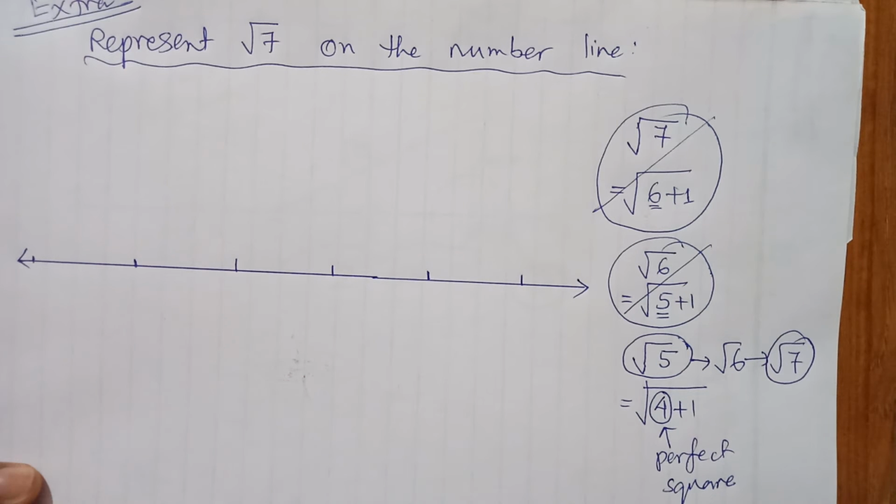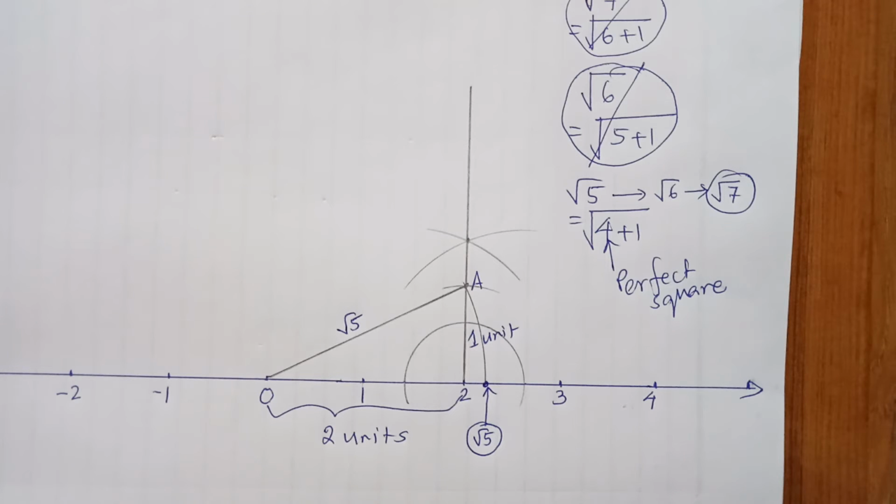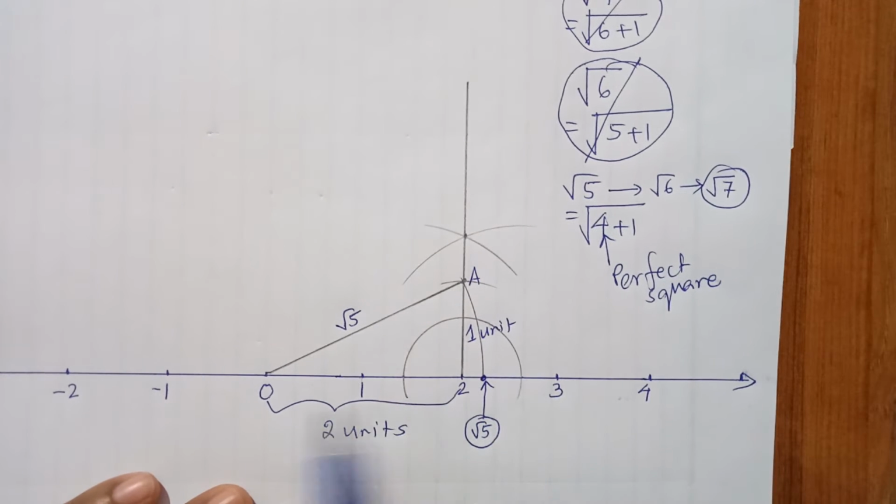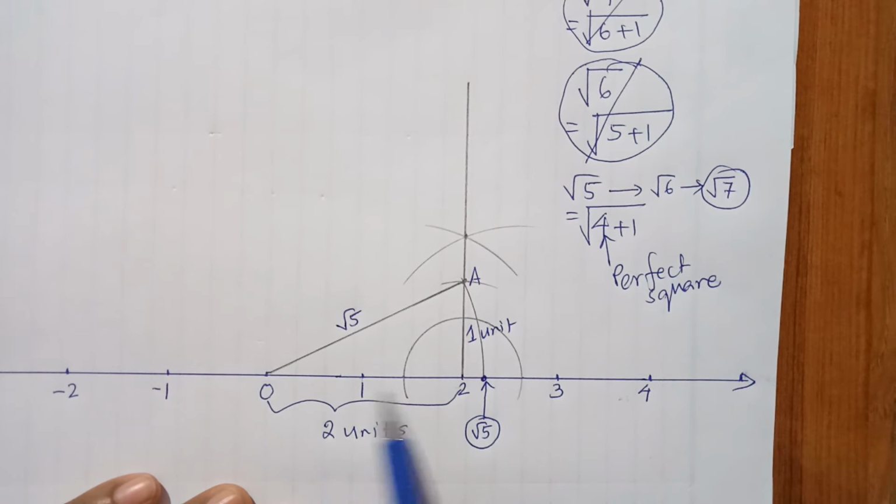Now here you see on this number line, according to the procedure as explained earlier, I have shown the root 5 here on the number line. This is the root 5.